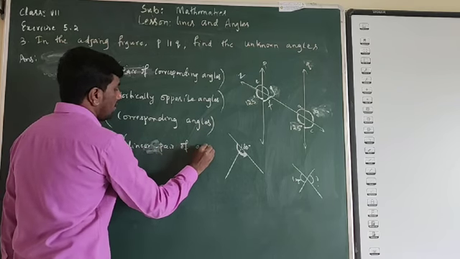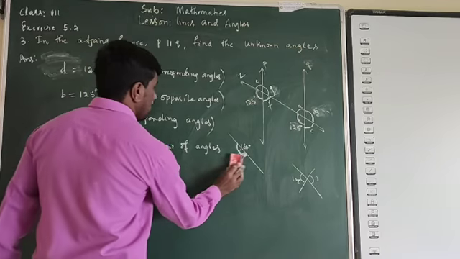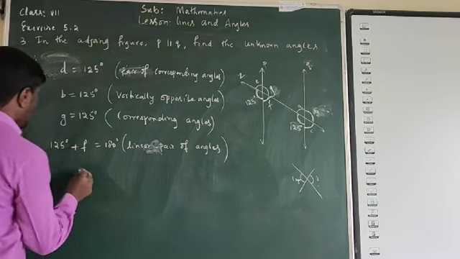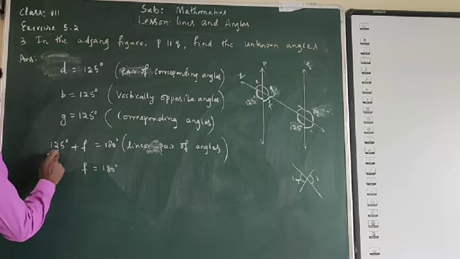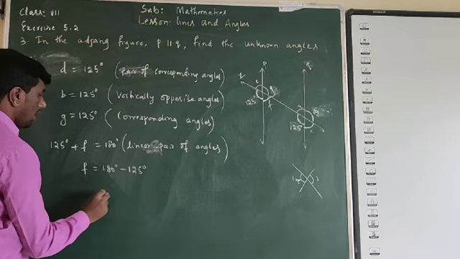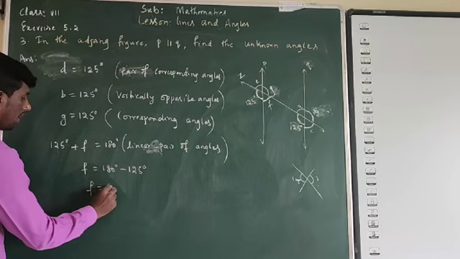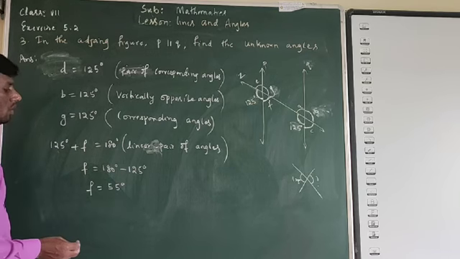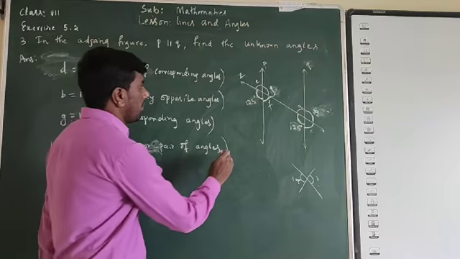Therefore, I will keep F here only, 180 degrees. I will move 125 degrees to the other side. It becomes minus 125 degrees. Correct? So F is equal to 180 minus 125, which is 55 degrees. So this is 55 degrees.